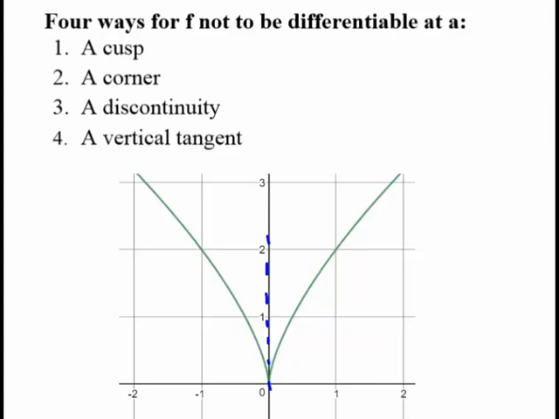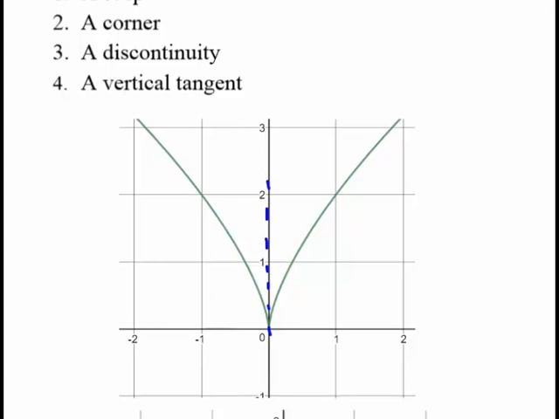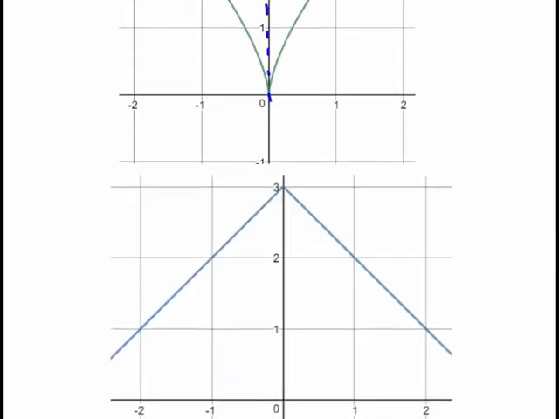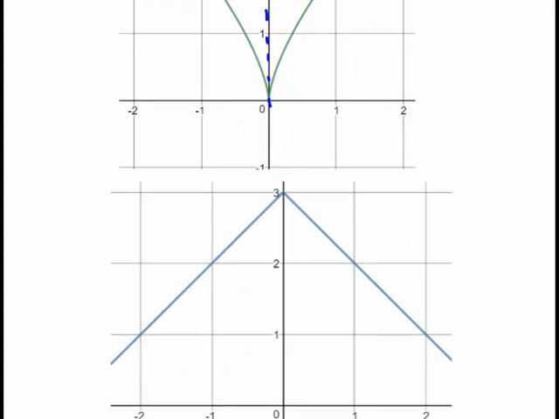Okay? And you can see that on this side, the slope is negative, and on this side, the slope is positive. Corner: this happens to be a 90-degree corner, and on this one, the left-hand slope is going to be +1.